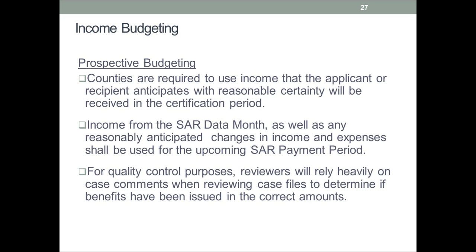If they can't figure out why or how income was budgeted on a case, and it turns out that for those months of review the amount was different, they will cite errors. So it's really critical that counties make sure that their workers understand that they need to document in the case record how they reasonably anticipated income and expenses for the certification and payment period.